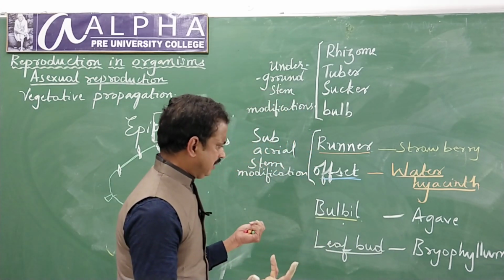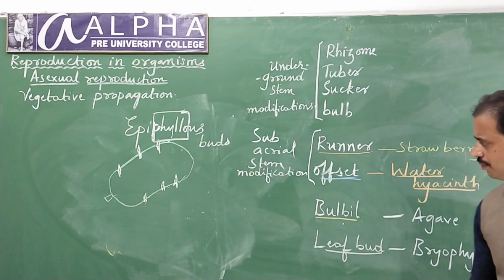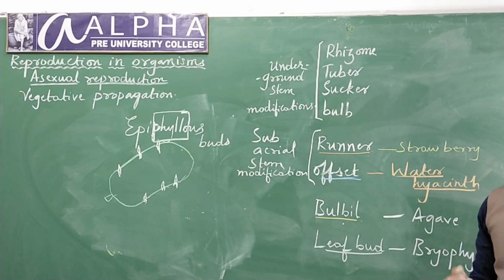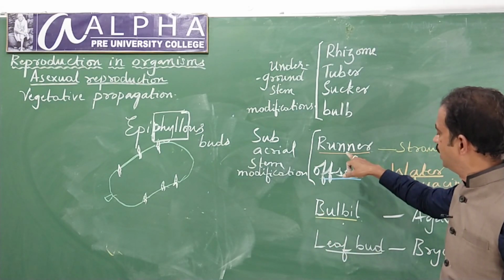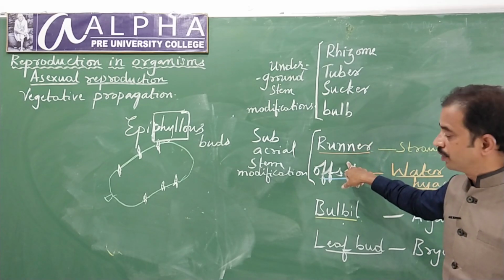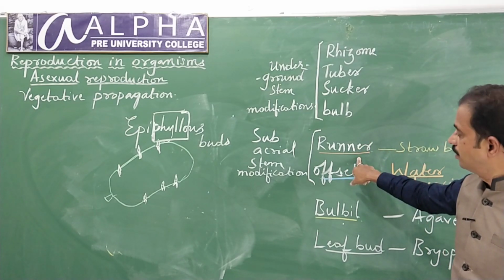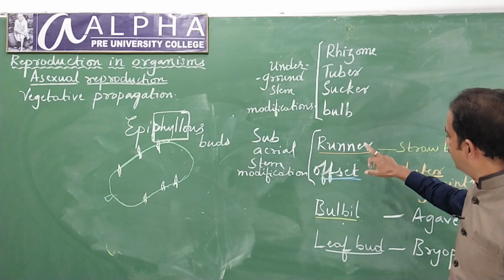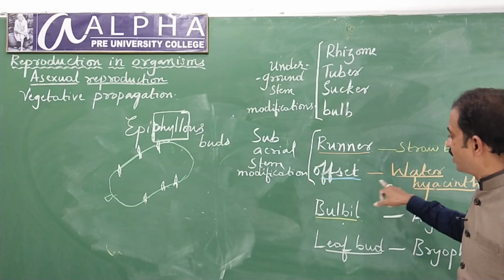Okay, so if we consider examples of your theory examination, the same which I had given you in my previous class: give an example of a vegetative propagule through which strawberry reproduces. Its runner. Name the vegetative propagule through which water hyacinth reproduces.